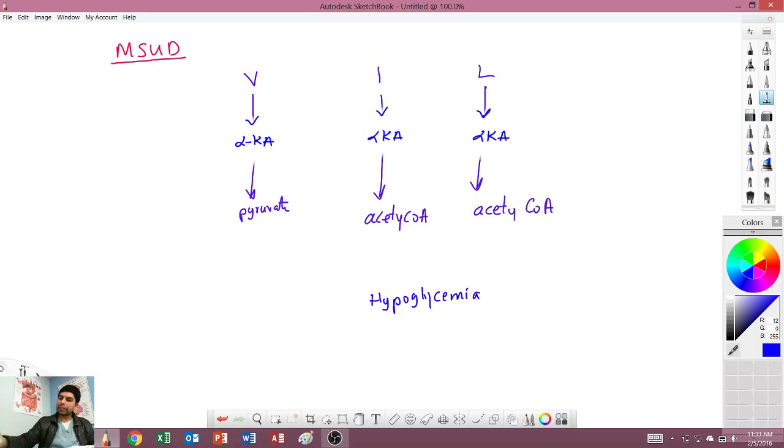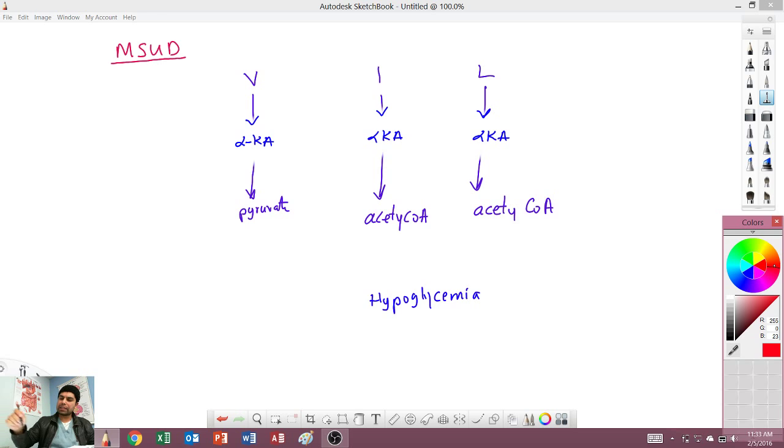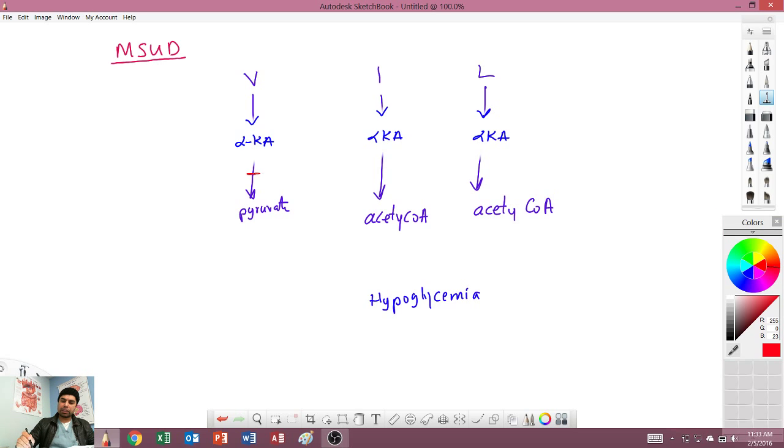But guess what? Now, alpha keto acid should be further metabolized. But there's an enzyme known as alpha keto acid dehydrogenase. It's the same enzyme that works for all 3 of them.